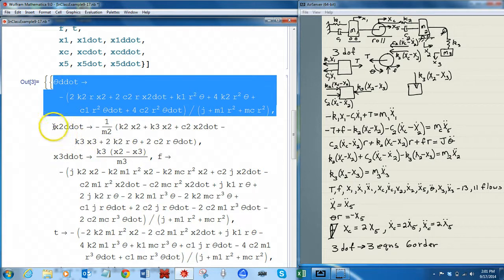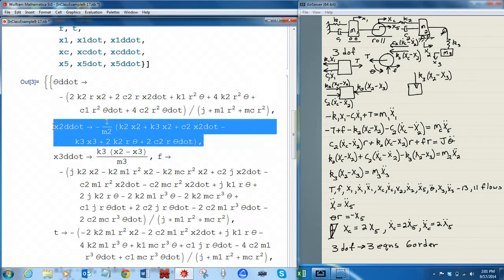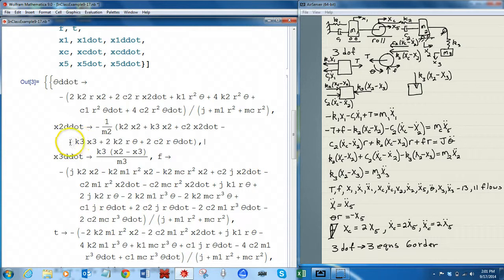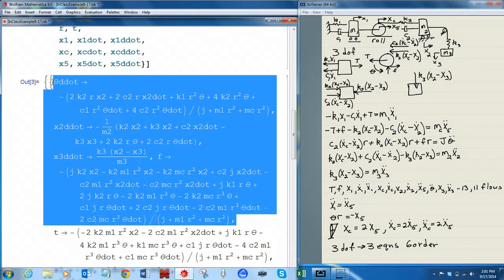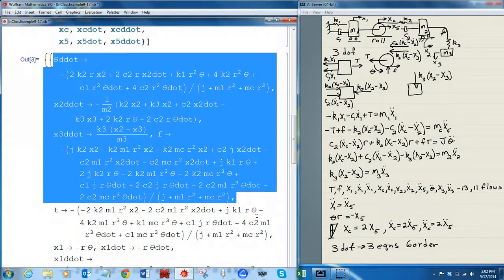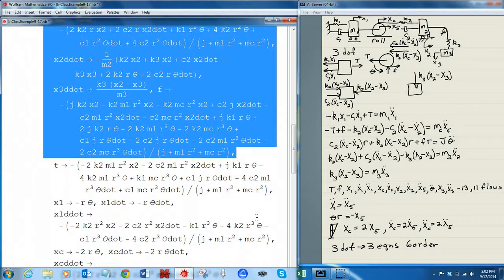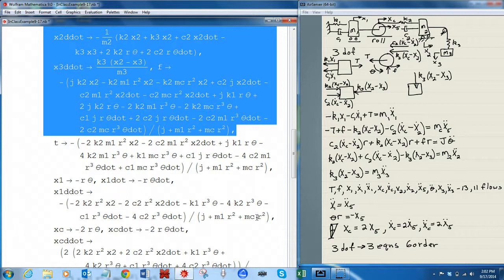Okay, here's the x2 double dot. And if you notice, the only variables that are in these 3 equations right here are the motion variables that I'm trying to solve for: theta, x2, x3, and their derivatives. The rest of the things are valid if you want them, but I don't care for them, so I'm going to ignore it.